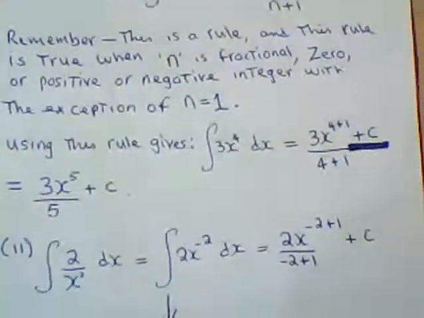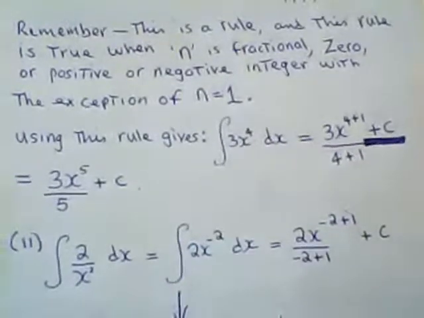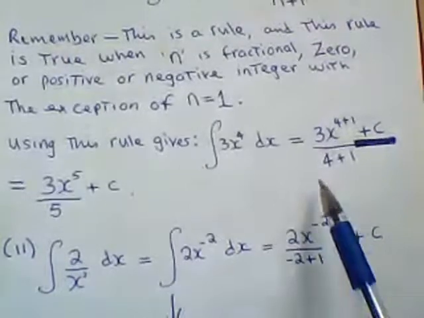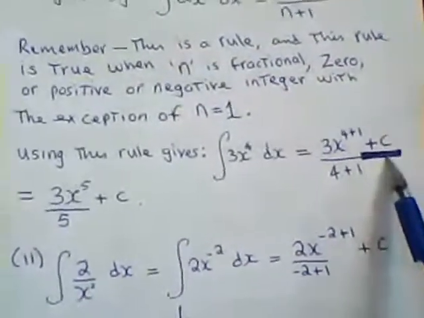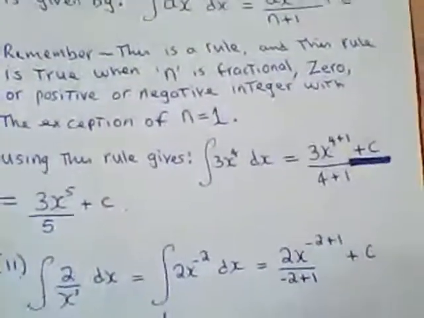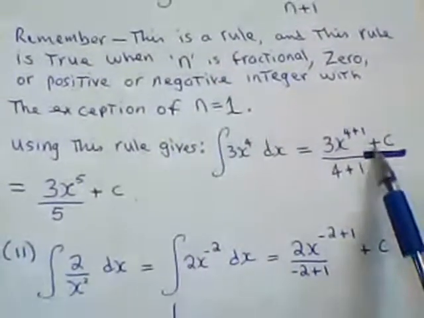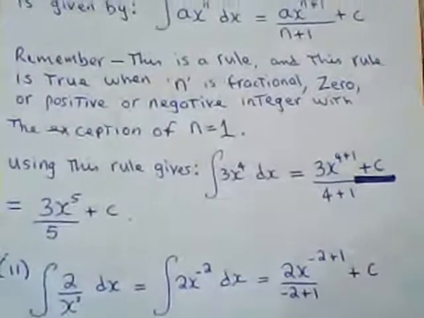Using this rule gives the integral of 3x to the 4 dx equals 3x to the 4 plus 1 over 4 plus 1, plus c. Ignore my mess there, it was just to show that it's plus c, not c over 4 plus 1.